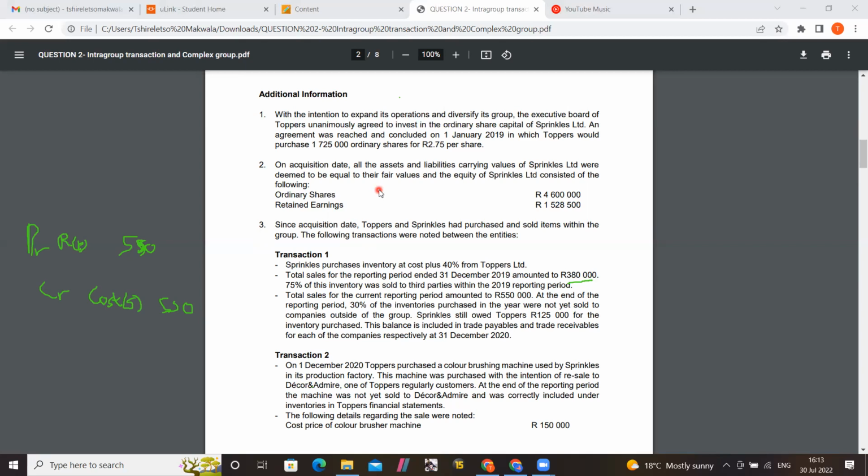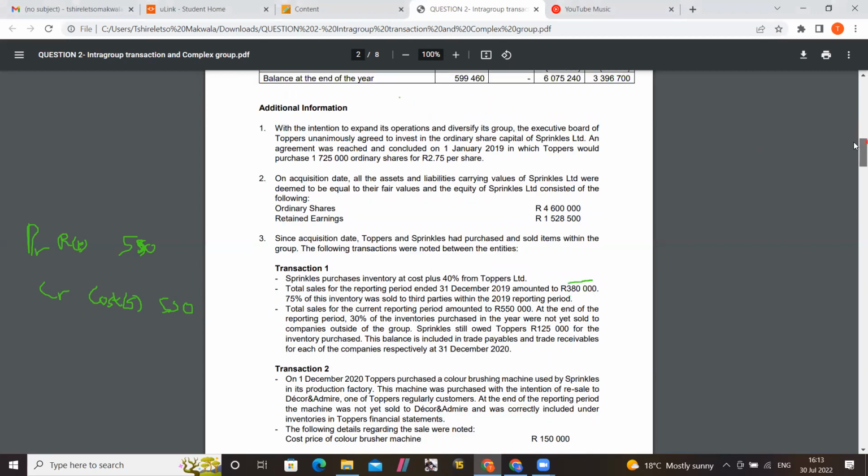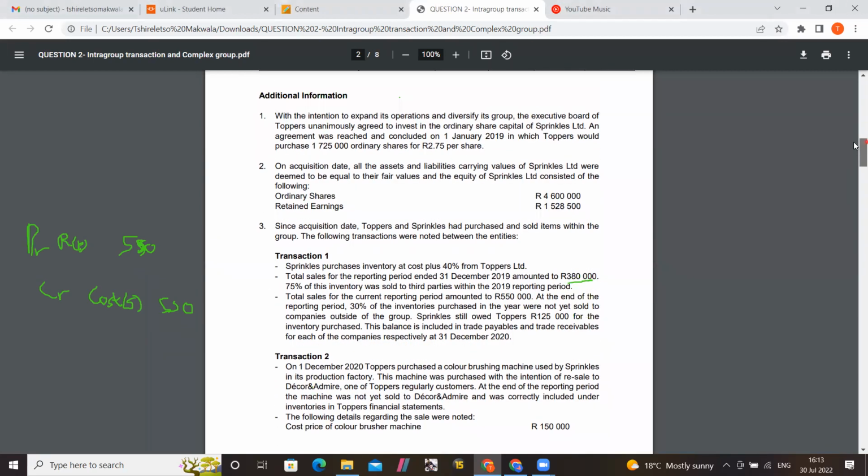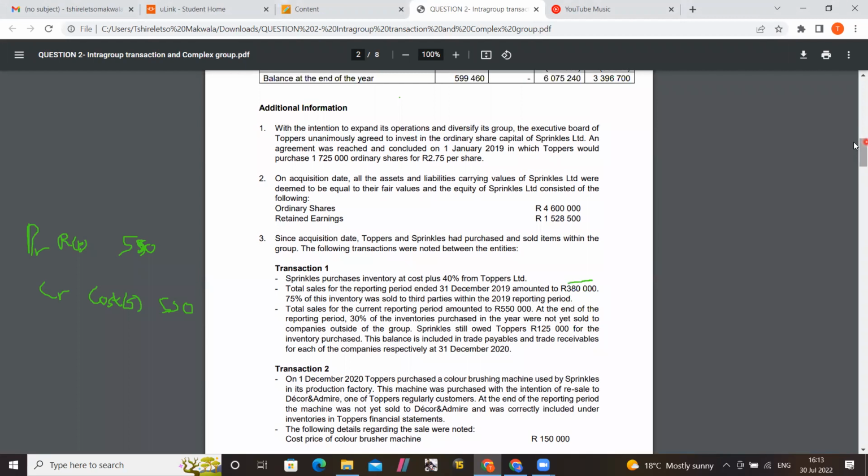So what we actually get at the end is 47,143. That's the amount we get.